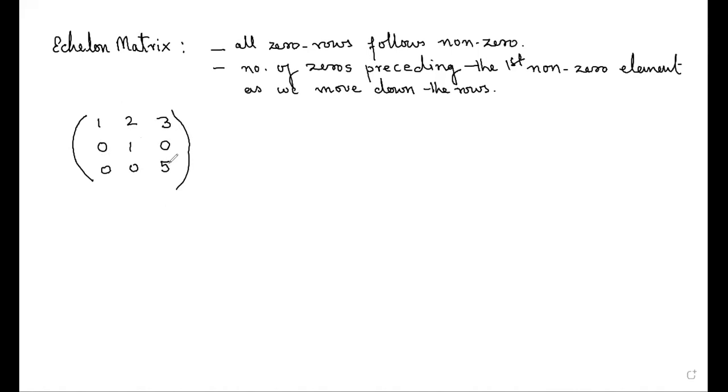The first non-zero element is 5, and before 5 we have 2 zeros. All right. So you can see that as we move down the rows, the number of zeros preceding the first non-zero element is increasing. It may be increasing, or you will find it written as non-decreasing. It will never decrease.